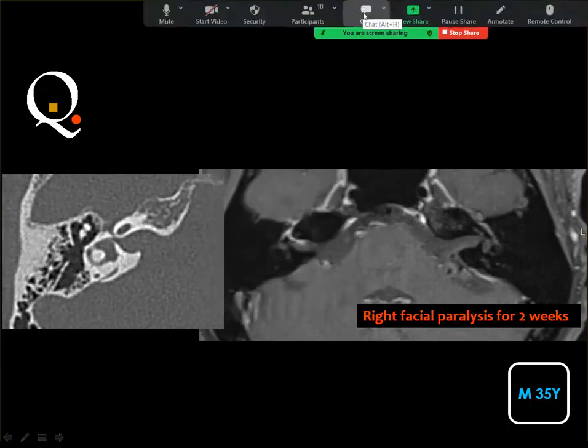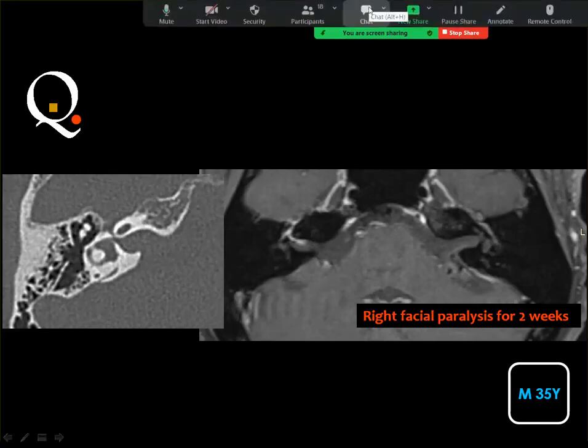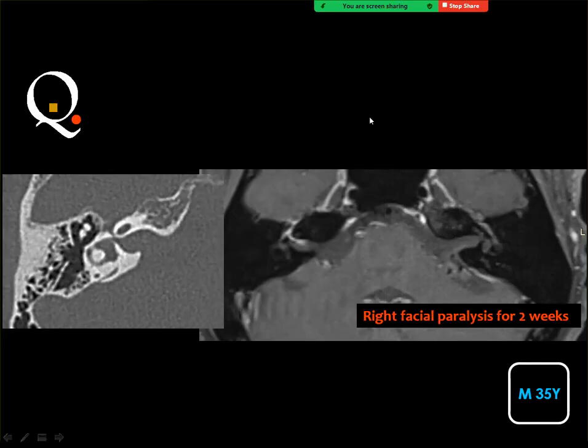And this patient with right facial nerve paralysis, this is a CT scan, and this is axial T1 post contrast for the petrous bone. No, and this is not acoustic neuroma. All what you see here is enhancement of the facial nerve.